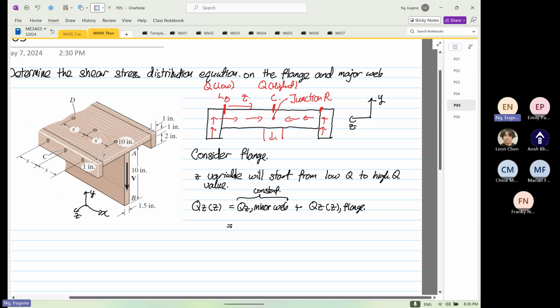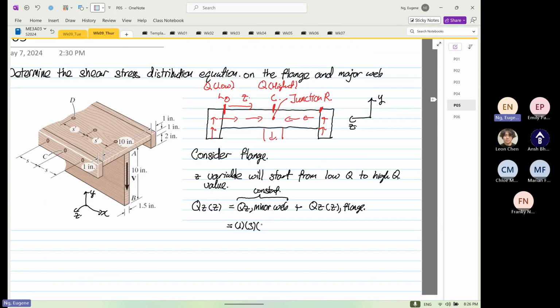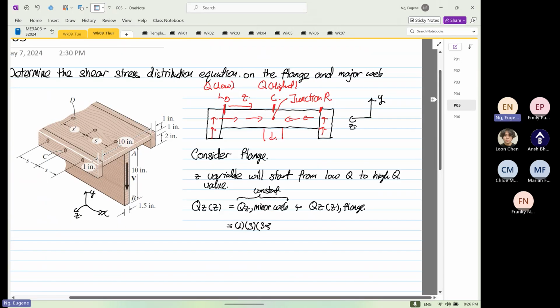So the Q flange of the minor web: the width is 1, the depth is 3, the Y bar is, I can't remember now, 3.3548. 3.3548, and then minus 3 divided by 2.